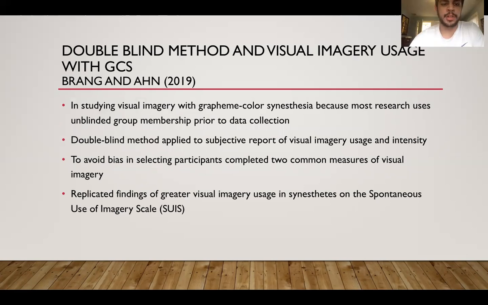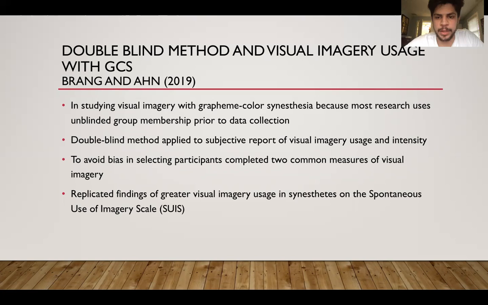The next study used a double-blind procedure. They suspected that people were being selected unblindly, and that there were biases coming in throughout different stages of the research associated with visual imagery and GCS.